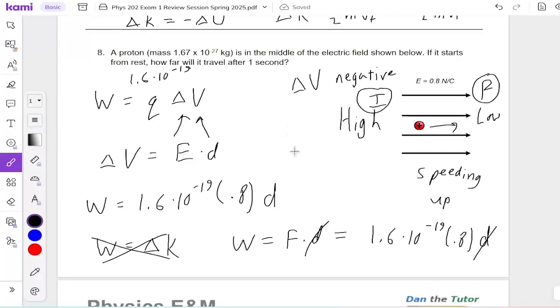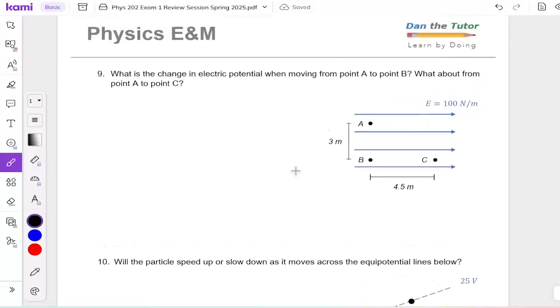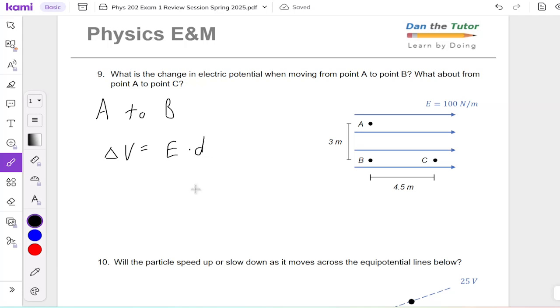Okay, great. Next we have number 9. What is the change in electric potential when moving from point A to point B? What about from point A to point C? Very famous question. So here's the first thing you need to know. A to B, the change in electric potential, well, delta V equals electric field times distance.